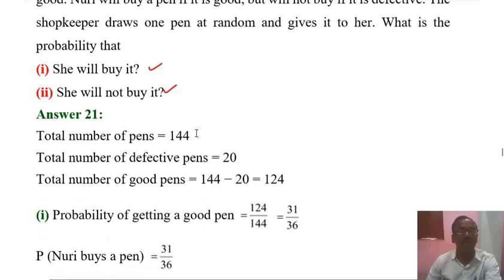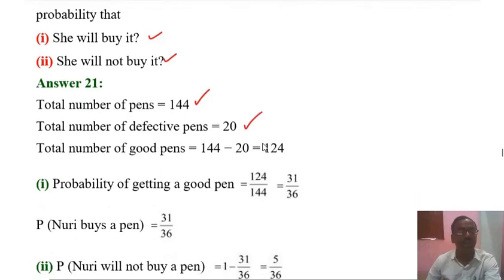Total number of pens is 144 according to the question. So this will be the total number of possible outcomes. Total number of defective pens is 20 and therefore the total number of good pens will be 144 minus 20, equal to 124.